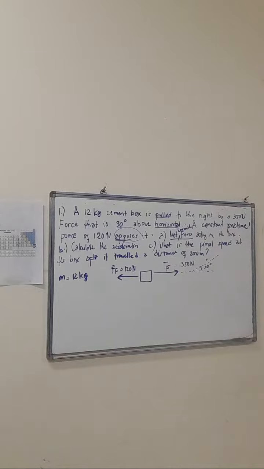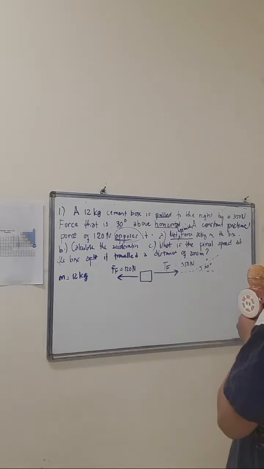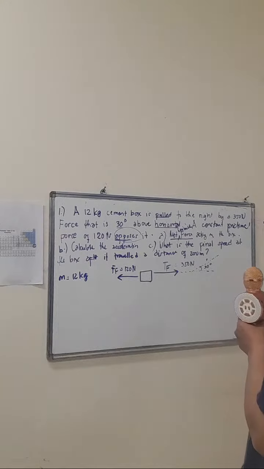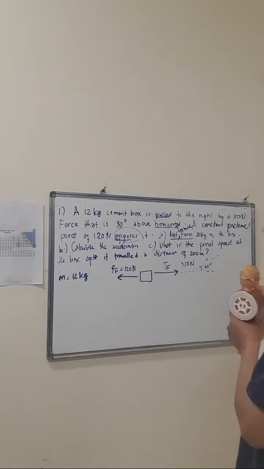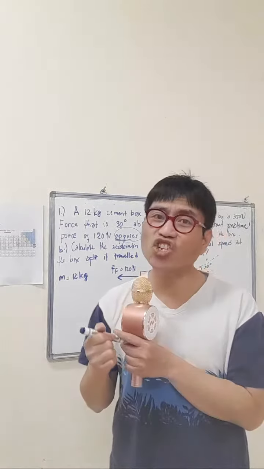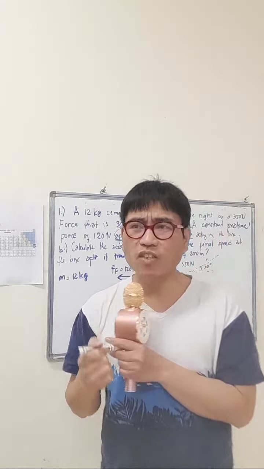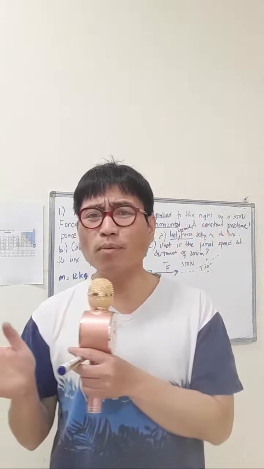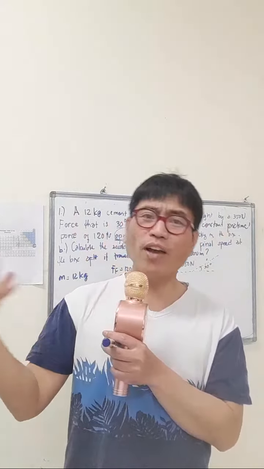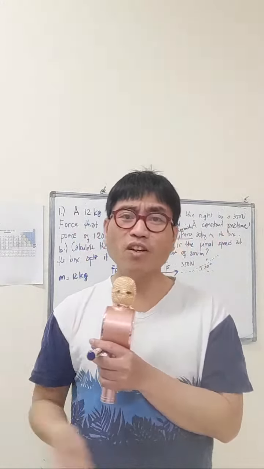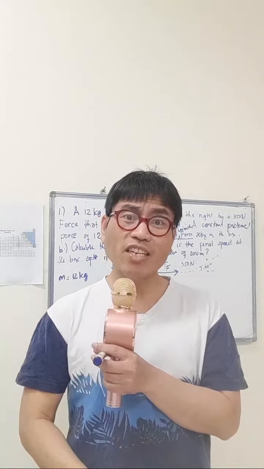Question letter A. Calculate the net horizontal force. So for net horizontal force, we will need to say summation because it is a net. When you talk about summation, it is the change from final to initial, the difference, something like that.